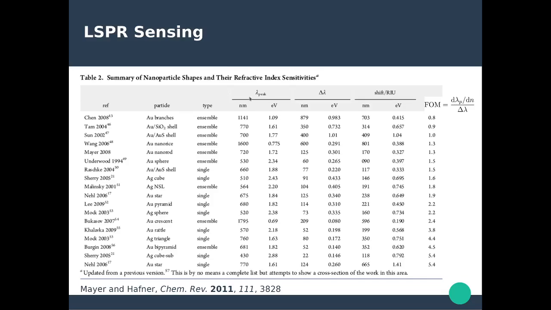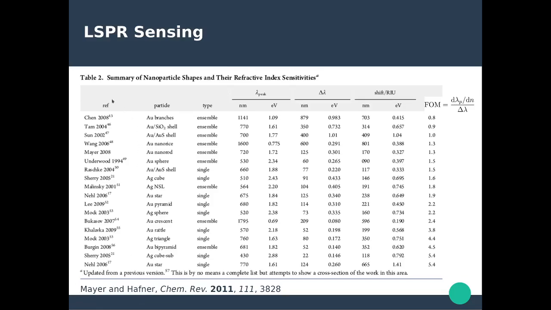This is just a table illustrating some of these different nanoparticles that have been combined by Katie Mayer when she was doing her doctoral work in the group of Jason Hafner at Rice University.